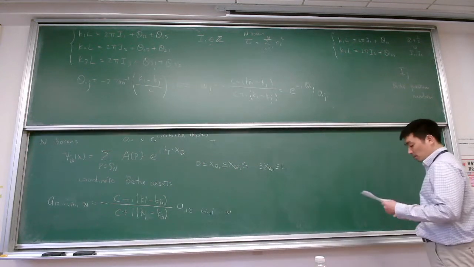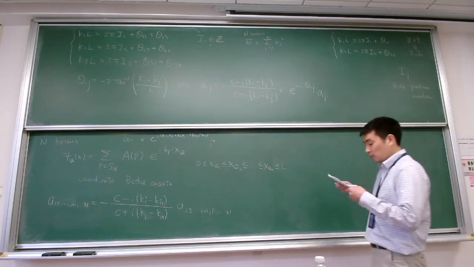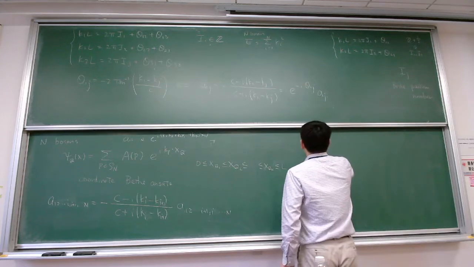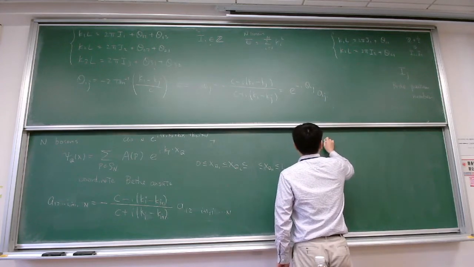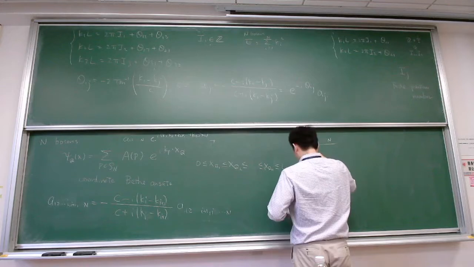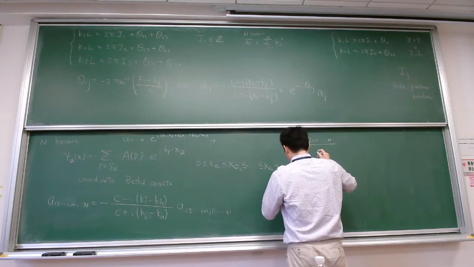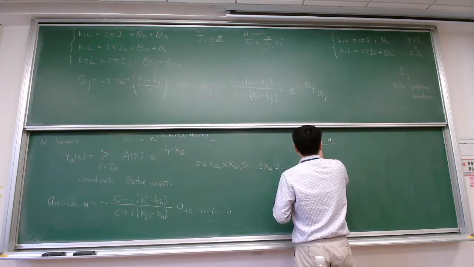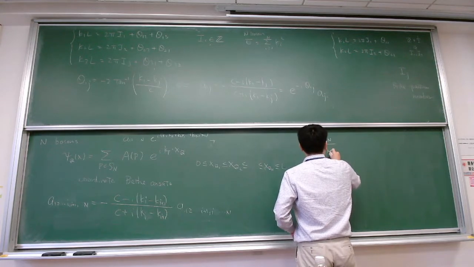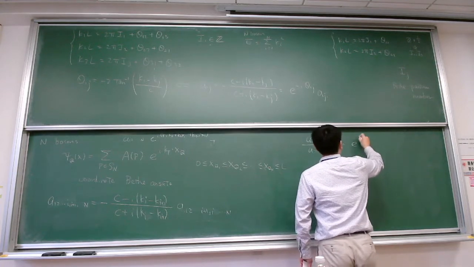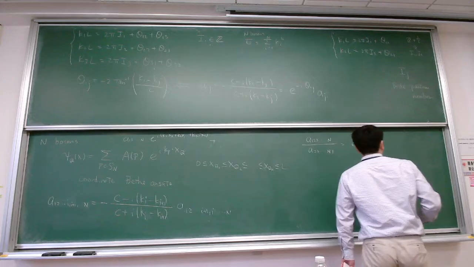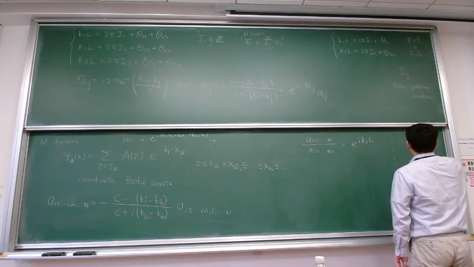Now we can have a similar relation. If you have a 1, 2, 3 up to n, there's the same relation as before: a 2, 3, n, 1 is equal to e to the i k1 L. You have the opposite.